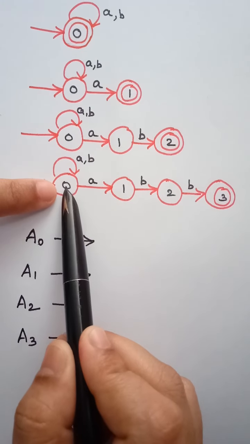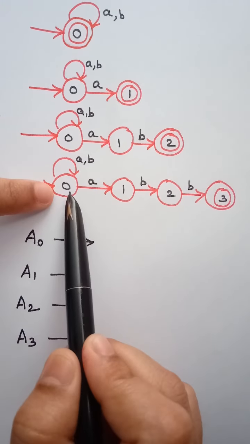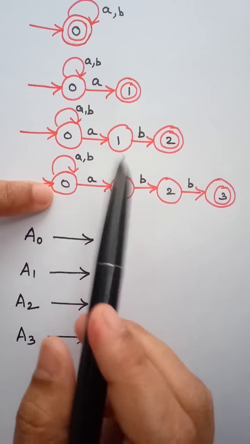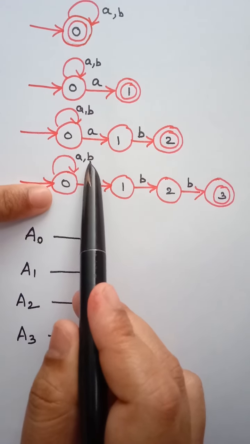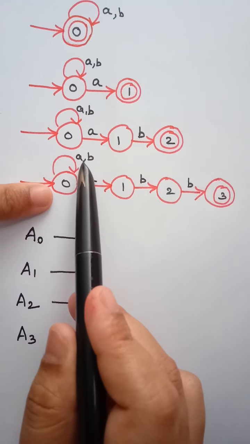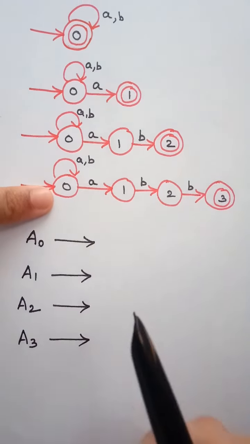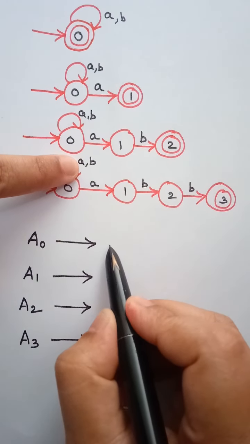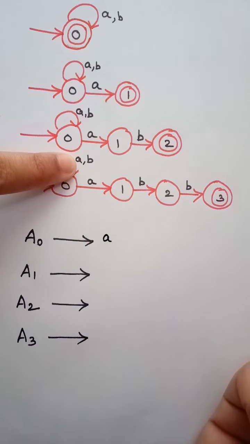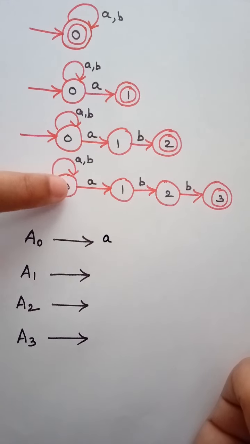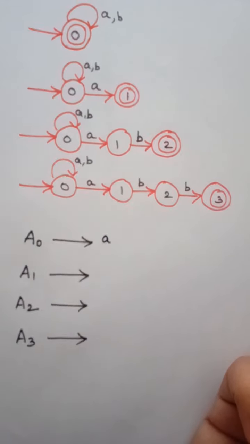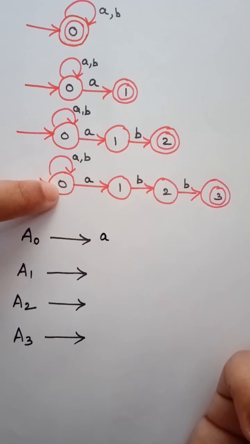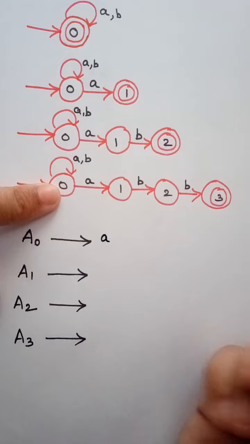From state 0 to 0 we have a transition for the input symbols A and B. So for the input symbol A, the transition is occurring from 0 to 0. Here AI is A0, and AJ is also A0.